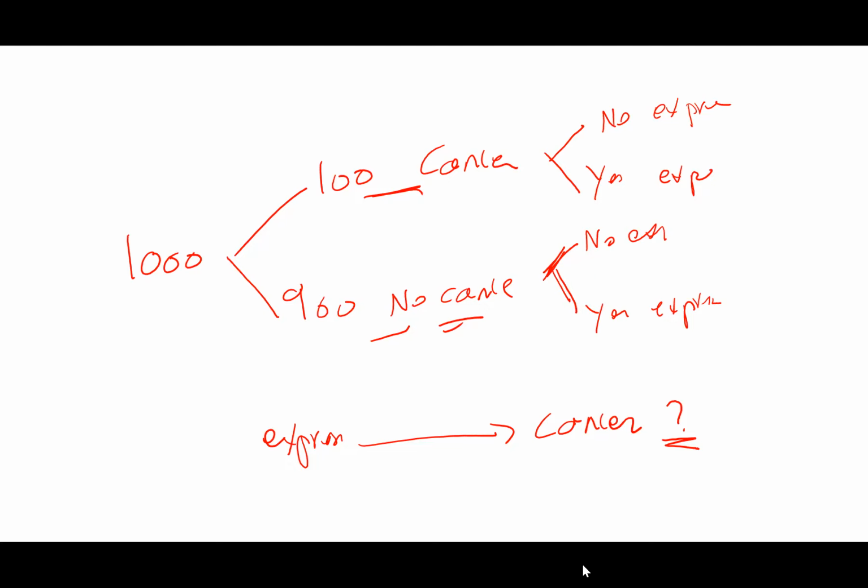Yes, it's very tricky. But get back to the basics. If you're studying all of them at the same time, the disease, no disease, and exposure, no exposure, all at the same time, no matter the trickiness of the question, this is the cross-section study.